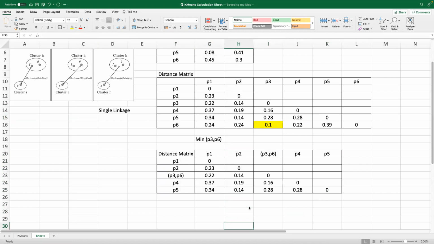Now we have to calculate the distances again. This time we will calculate the distance between P3, P6 and P1, right?